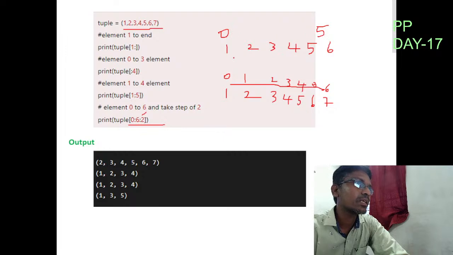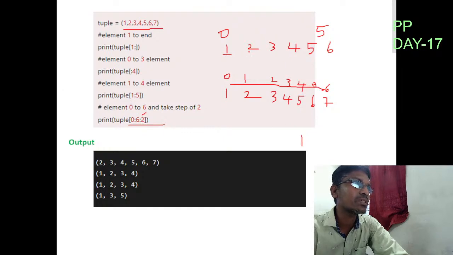Now let us see in this example, from 0 to 5 the elements are 1, 2, 3, 4, 5, 6. Now 0 will be included, so 1 will be printed. After that, I mentioned that the step count is 2.